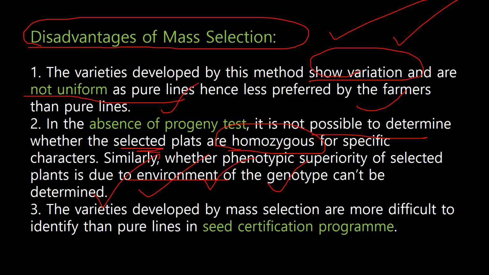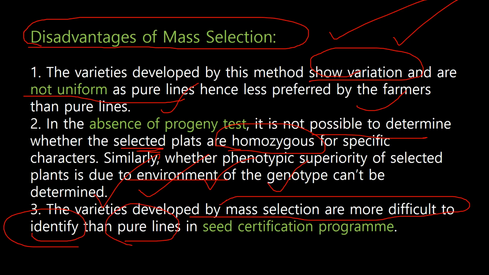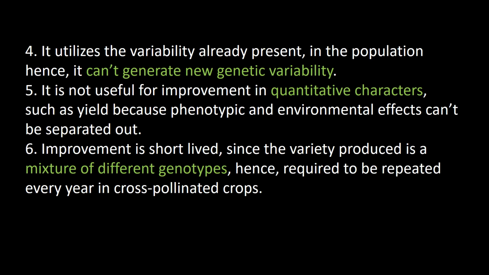The next point is that varieties developed by mass selection are more difficult to identify than pure line selections, which is why they are very difficult to place in a seed certification program. So pure lines have a clear advantage here. Next, it utilizes the variability that is already present, so it doesn't generate any new genetic variability.